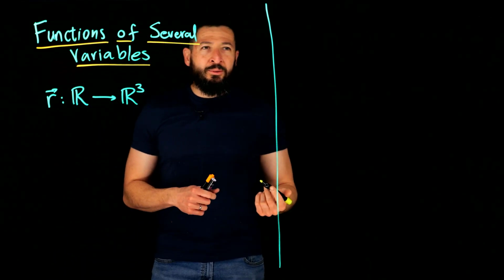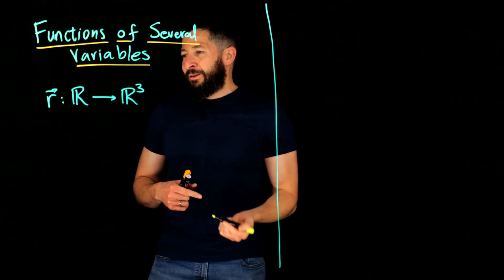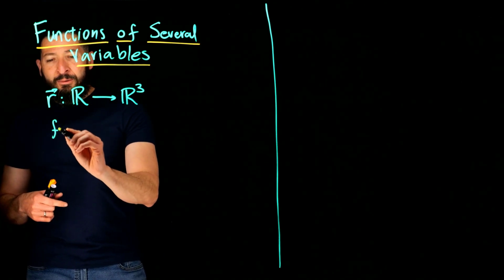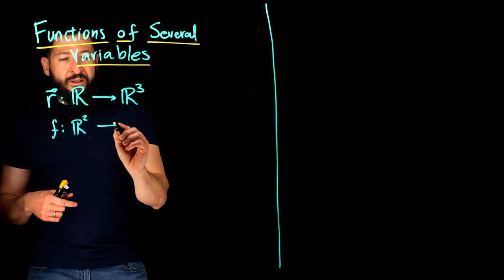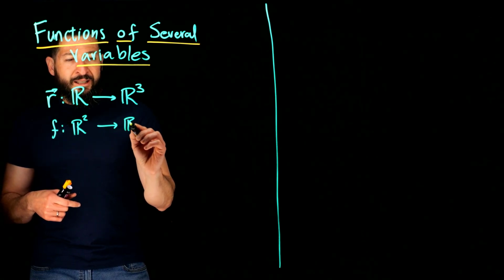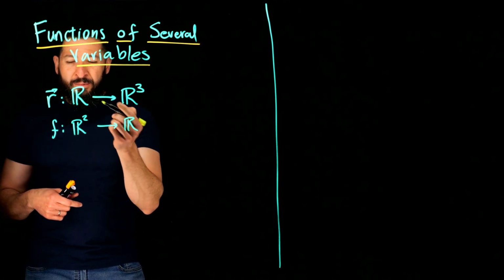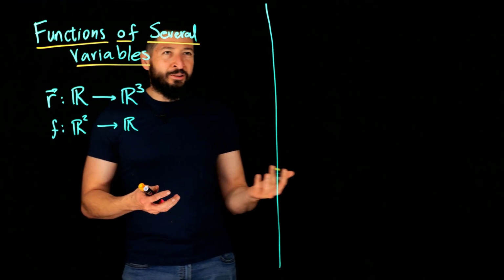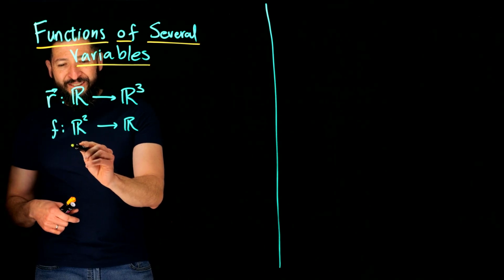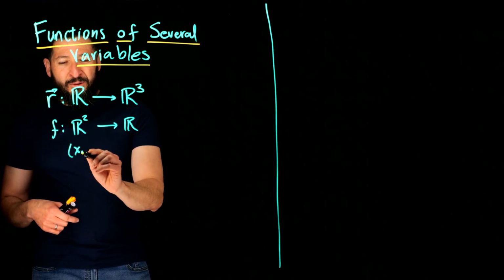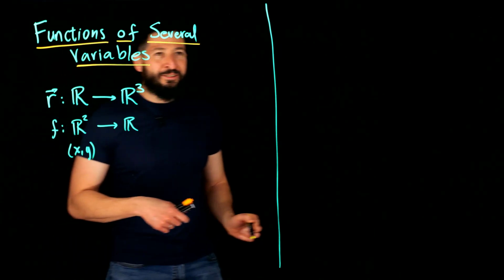So now what we're going to do is kind of reverse it. We're going to have functions that take elements in R2 and send them to R. Or R3, but we're going to focus on R2 because those are the ones we can actually plot the graph of. It's more pleasant, I suppose.